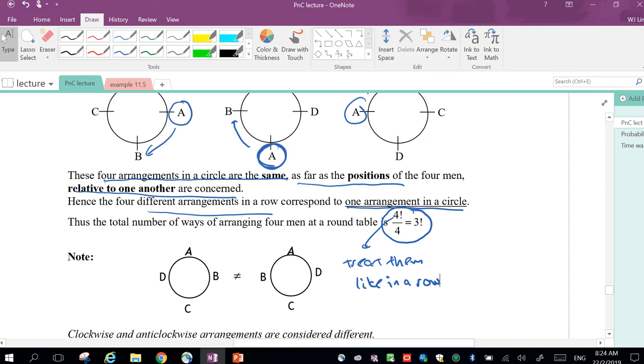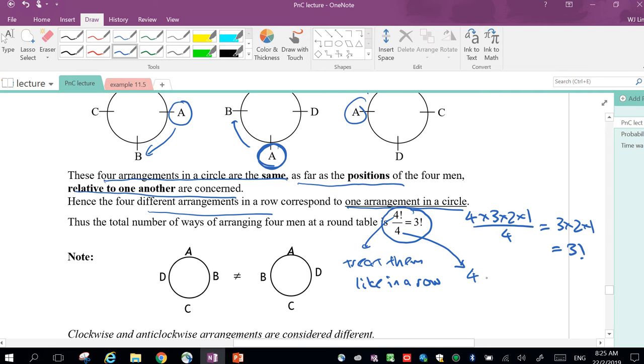So the general idea, 4 factorial over 4 is 3 factorial. So 4 times 3 times 2 times 1 divided by 4, it's actually 3 times 2 times 1. Therefore, it's 3 factorial. Why divide by 4? Let me write it down here.